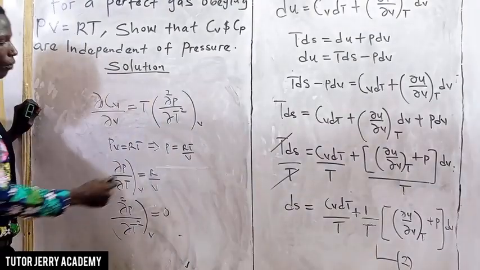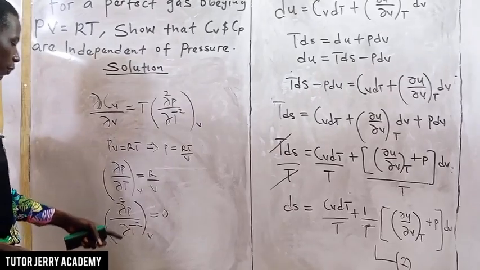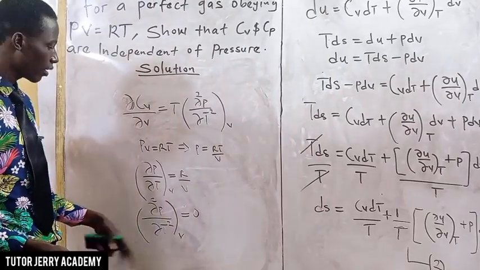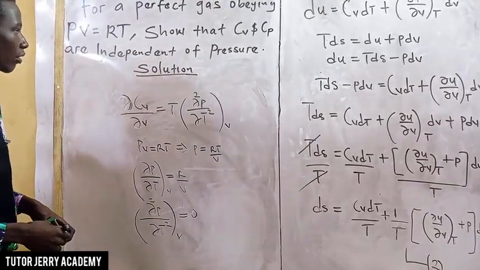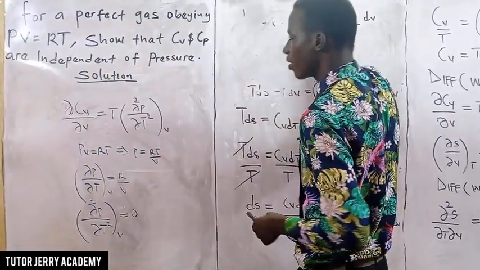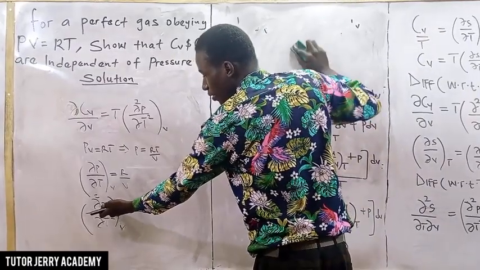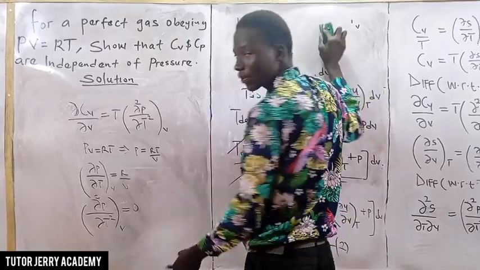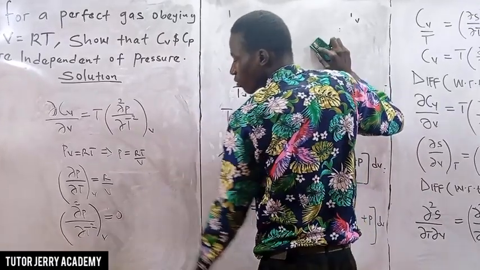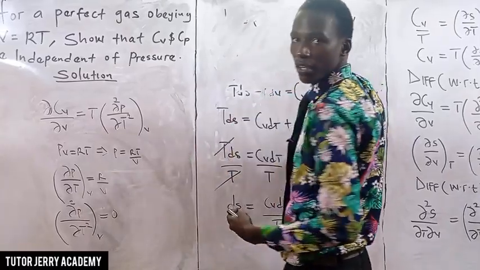So the second partial derivative of p over the partial derivative of t squared, keeping v constant, is equal to 0. So next, we are going to be substituting the value of the second partial derivative of p over the partial derivative of t squared, keeping v constant, which is equal to 0, in this equation.